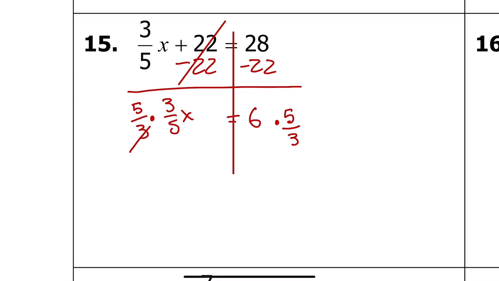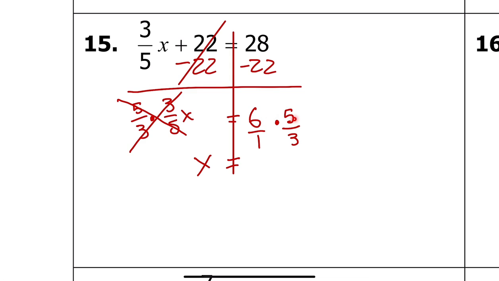So these 3s will cancel out to give me 1. These 5s will cancel out to give me 1. So that's going to leave me with a 1x. We don't need to write that 1 though. So I just got x equals 6 times 5 over 3. Just like last time, any whole number has a denominator of 1, so we're going to multiply straight across here.